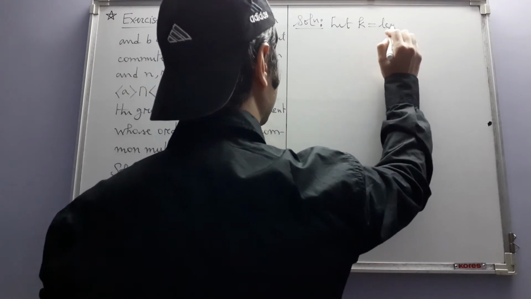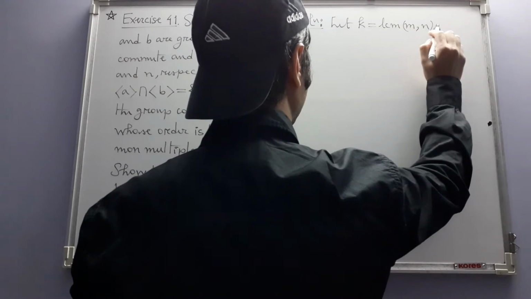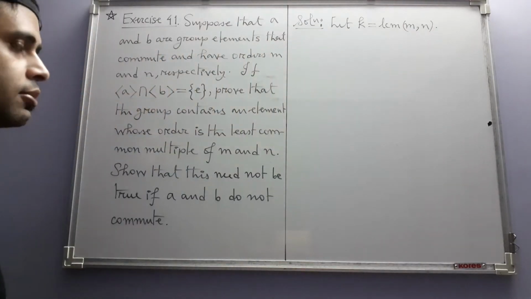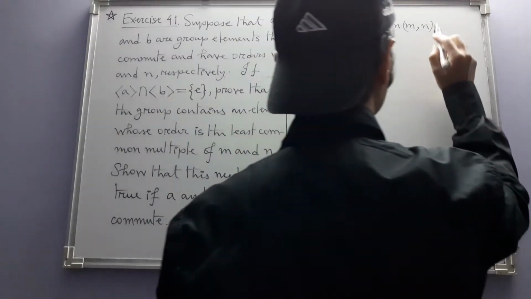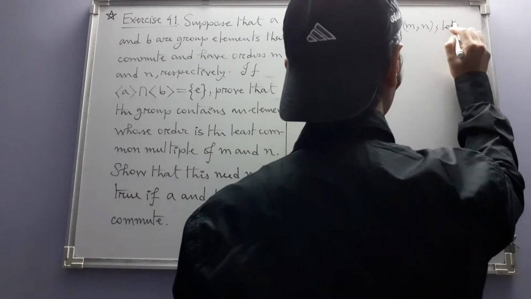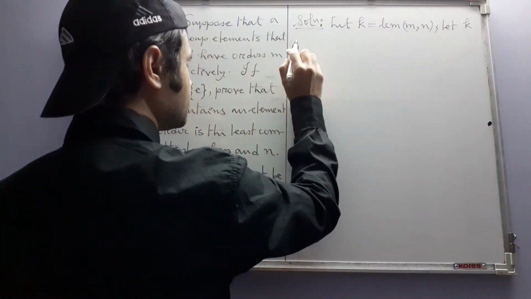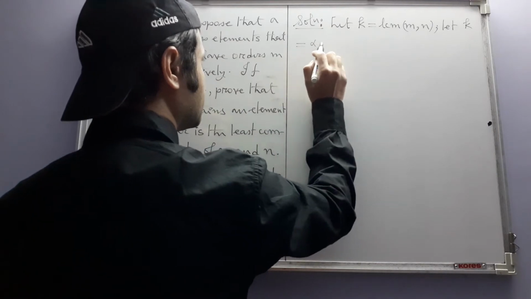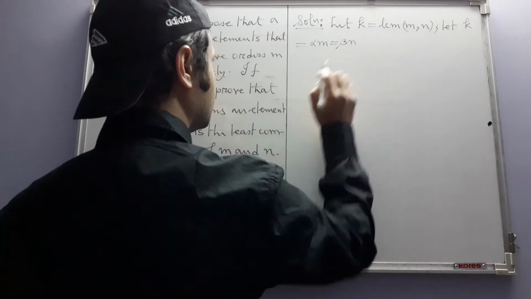Let K denote the LCM of m and n. So K is the least common multiple of m and n. Let K equal alpha m equal to beta n.